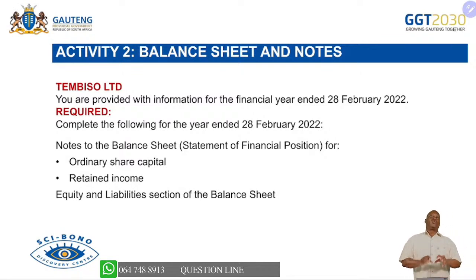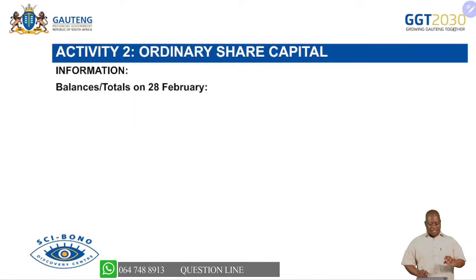So we are going to do a balance sheet extract. We are not going to do everything. We extract that part. So you know what we are going to do? Let's go through the first 2, ordinary share capital and retained income. After that, 5 minutes break, Nyana, and then we conclude with the equity section of the balance sheet. So let's get down to it.